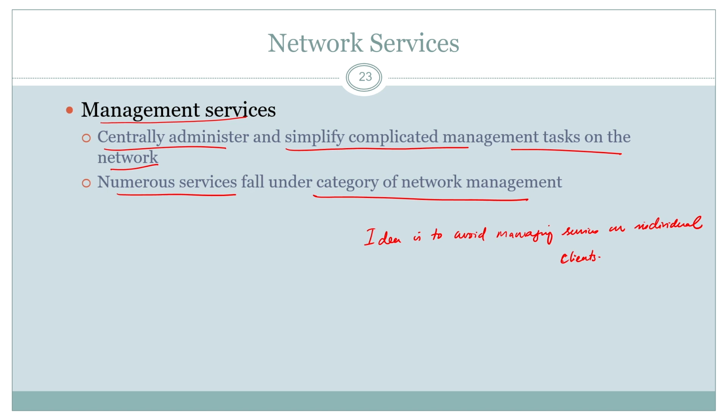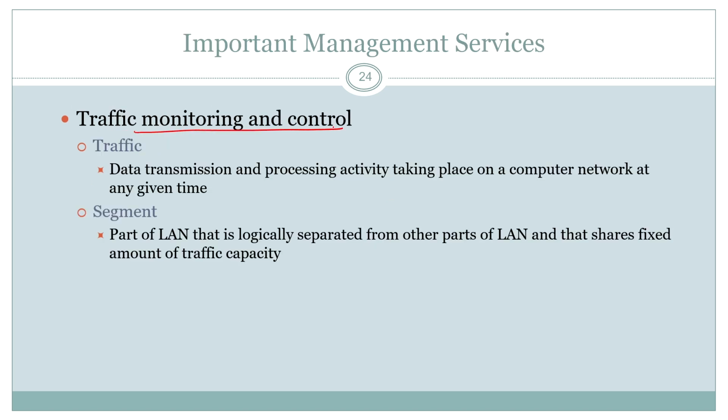We are only going to look into the important ones. So, important management services: traffic monitoring and control. This is one important aspect of the management service. When we say net traffic, it is not the raw traffic, it is the data traffic: the data transmission and processing activity taking place on a computer network at any given time.